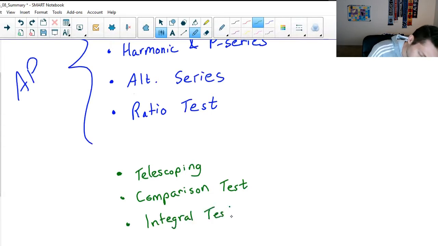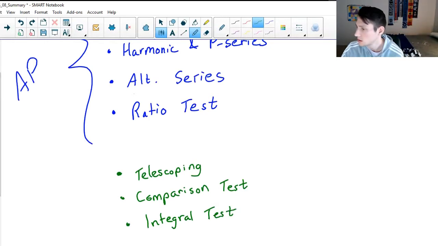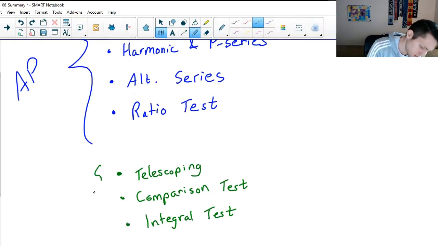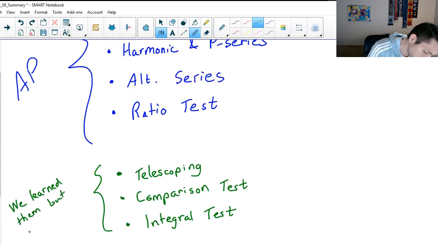Integral tests. I think that was it. Okay, so these 3 are, yes, we learned them, but at least as AP tells us now, this is not going to be on the AP test.